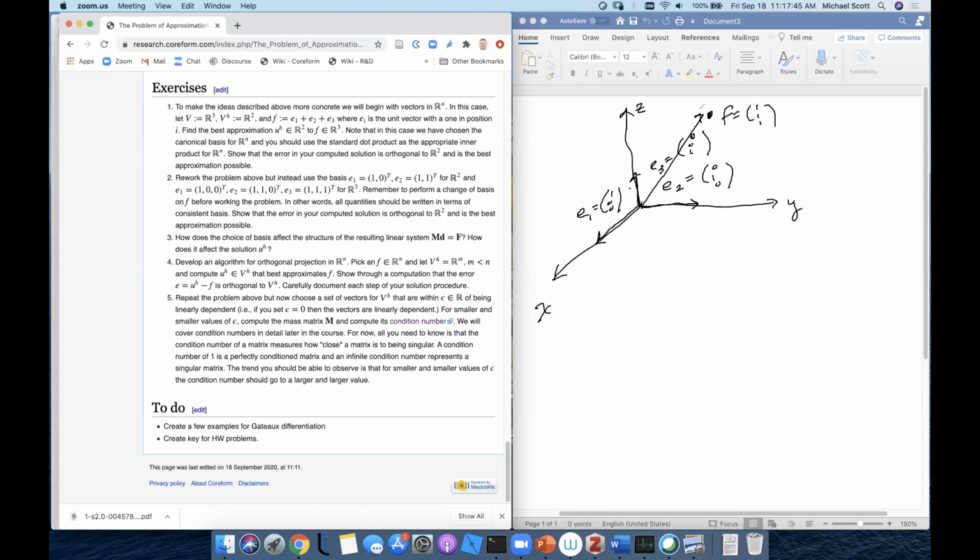The shadow of this point on the XY plane. This is what UH will end up being, by the way, when you run this problem.